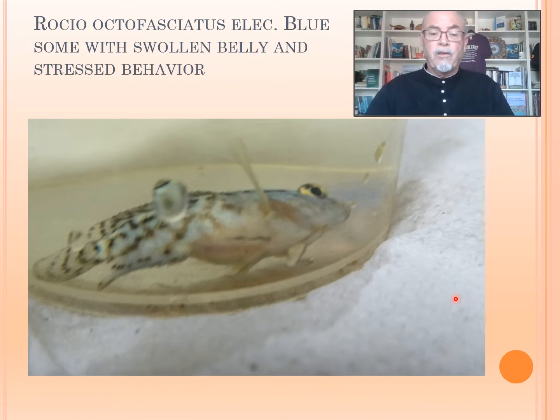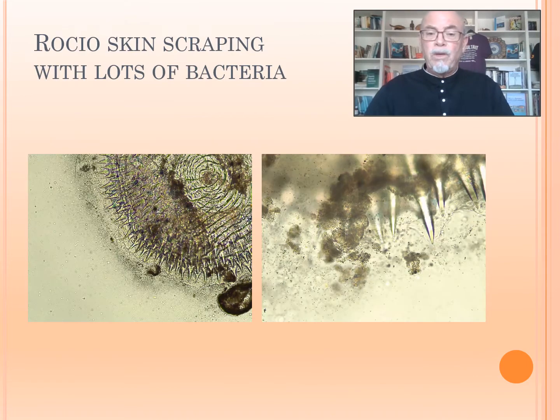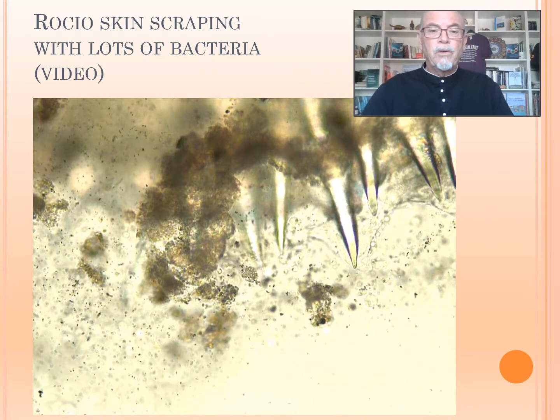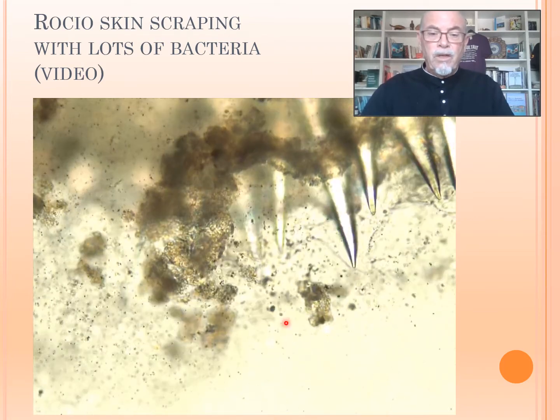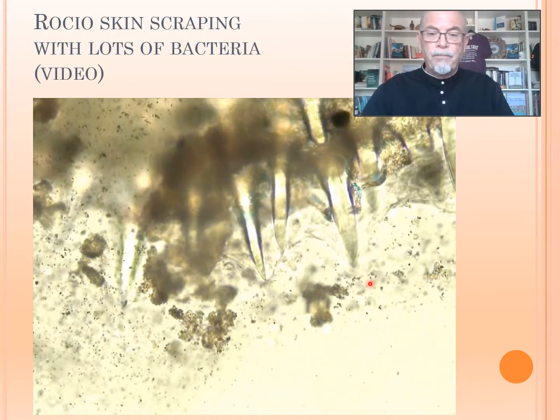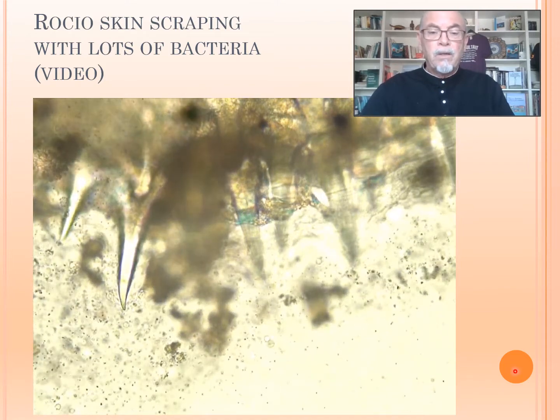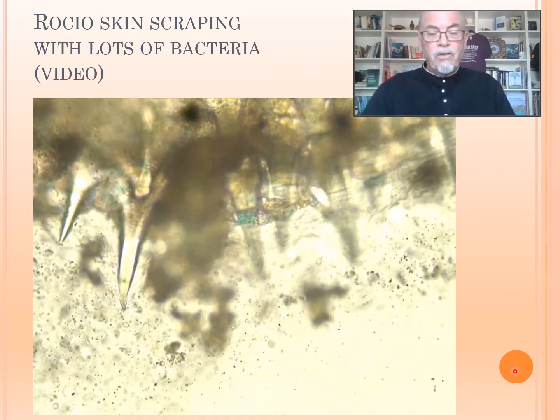So we have to check the fish, and that's why we need to do an examination with a microscope. We saw on the scales a lot of bacteria, and here whole colonies of bacteria. Then you see here the millions of bacteria moving in the water, dancing, you can say, on the spot.